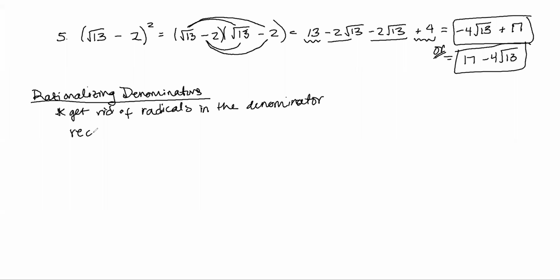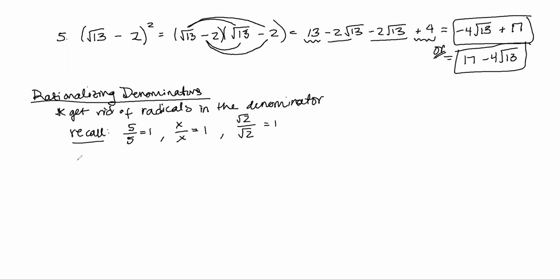So one thing, and this is what we're going to be using to rationalize denominators, is the fact that if you take a number, divide it by itself, you always get 1. And this is true even if we had x divided by x, we get 1. And if we have the square root of 2 over the square root of 2, this is still 1.